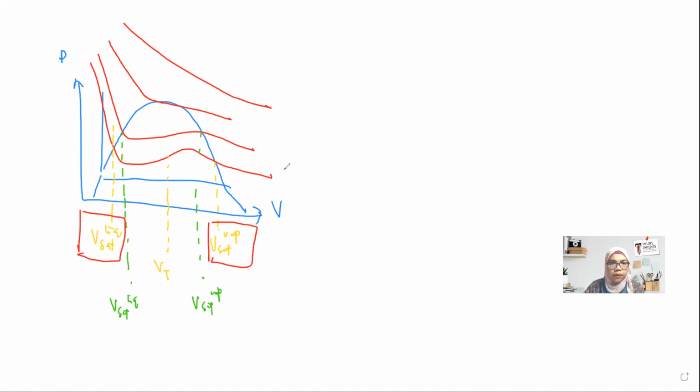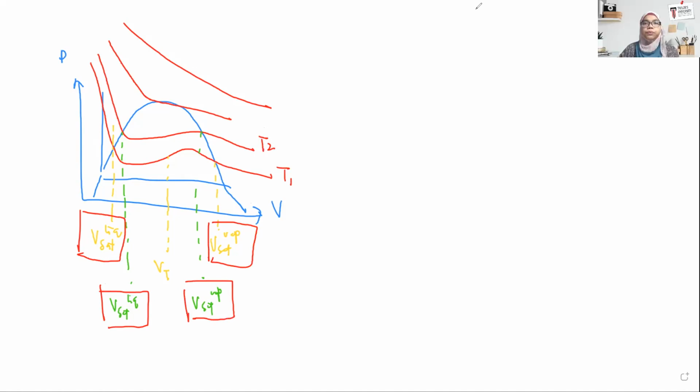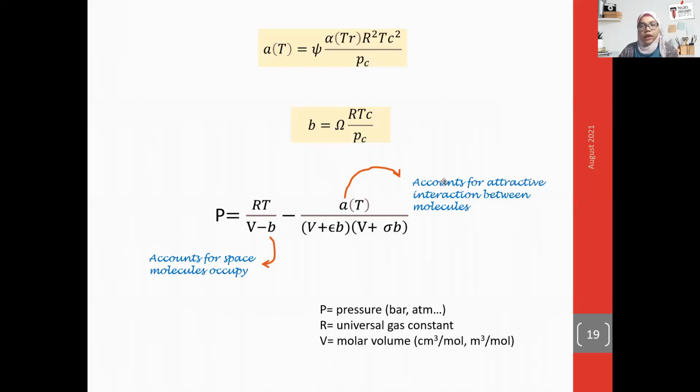For the first temperature, maybe T1, and for T2, we have another saturation volume for both liquid and vapor. Based on that, we can see the significant effect of volume in the system, right? So that's why we come up with the cubic equation of state that explains the effect of volume in the system.